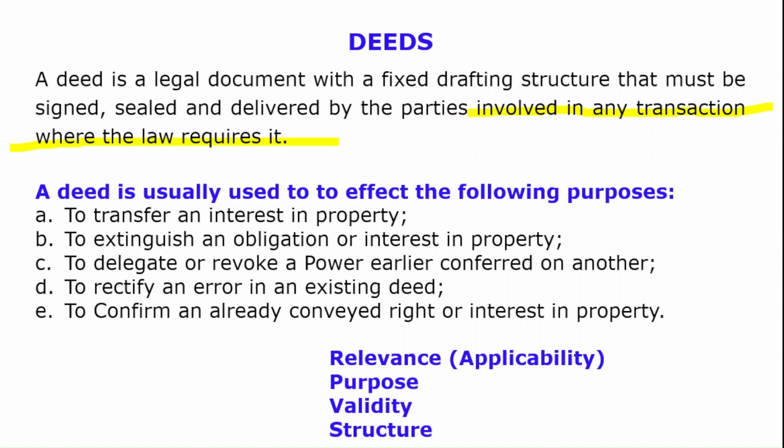To extinguish an interest in property is to bring that interest to an end, such that if for any reason I give you my legal interest, now I want to get it back, right? Whatever we have agreed now ends. An example that readily comes to mind is the mortgage transaction. Under mortgage, the mortgagor needs money, but the mortgagee has the money.